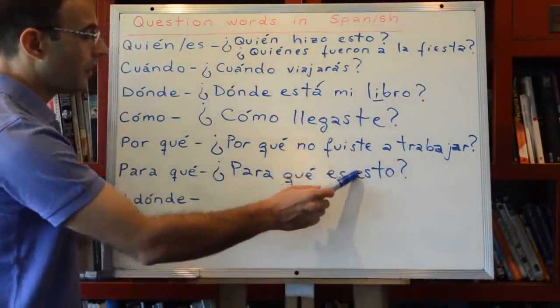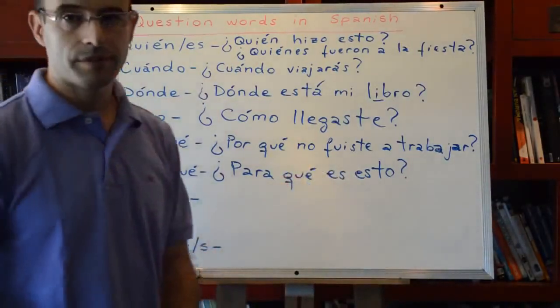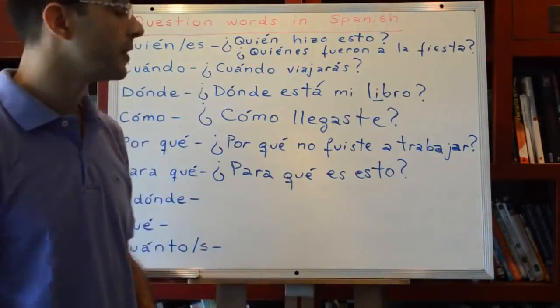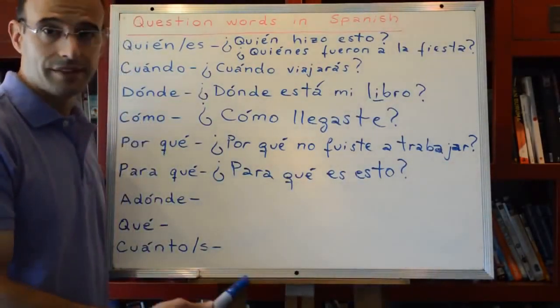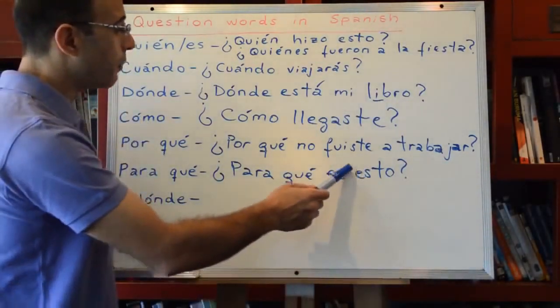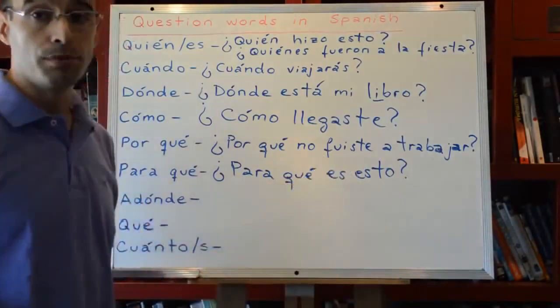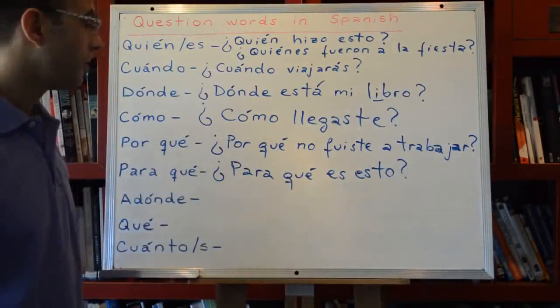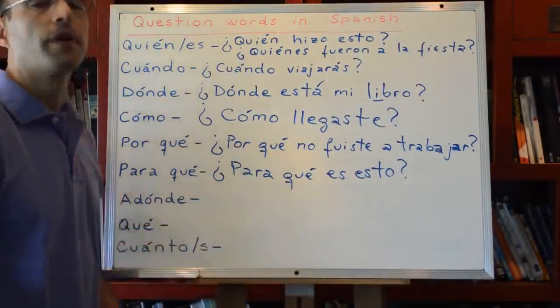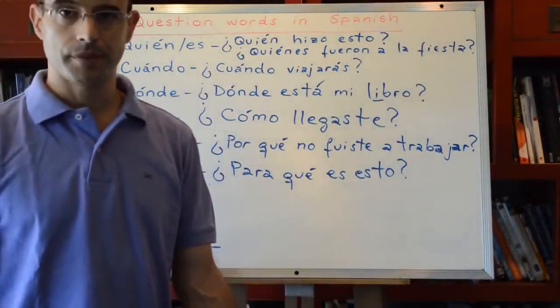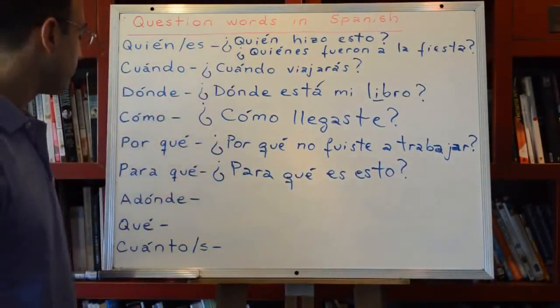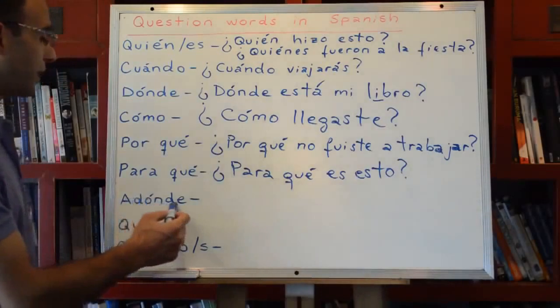Es is simple present for the third person in the singular, for he, she, it. In this case it would be it. And for the verb ser, or the verb to be. Esto means this. So, what for is this? Or, what is this for? Okay? ¿Para qué es esto?